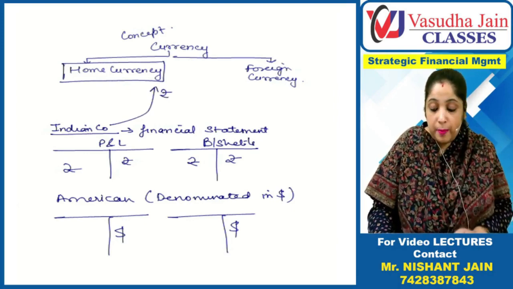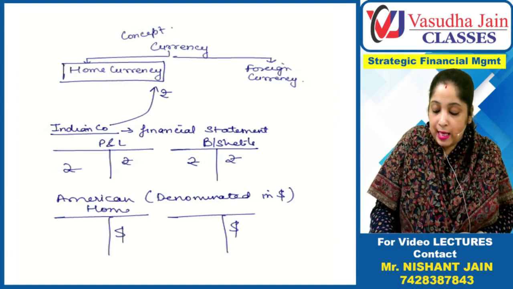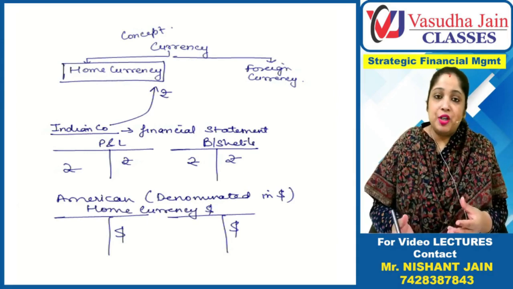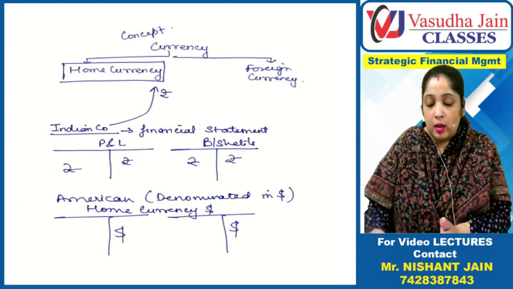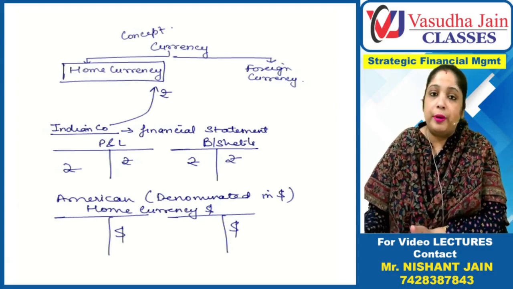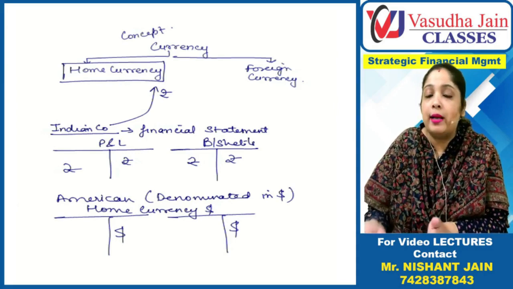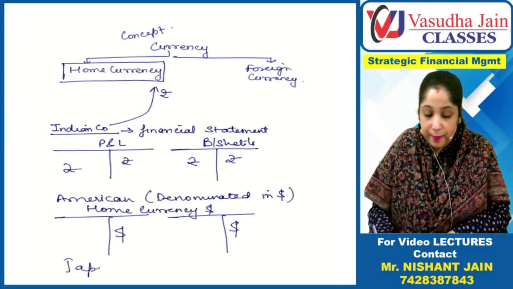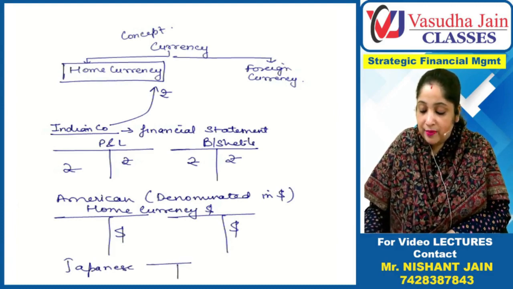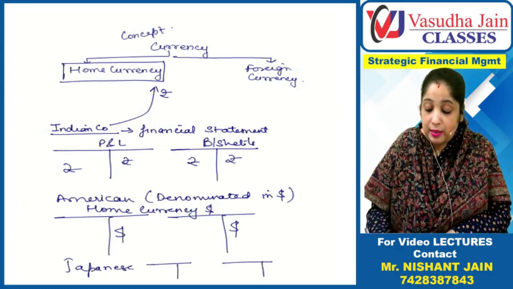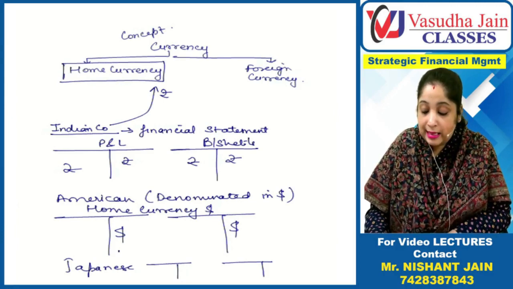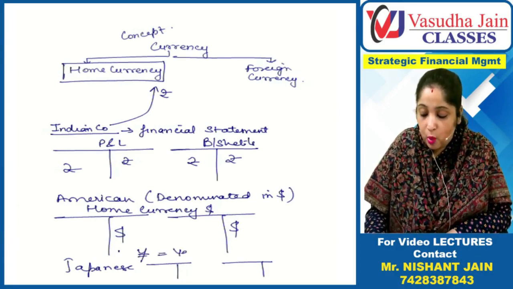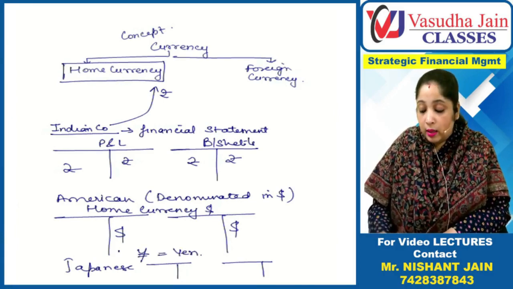For American company, the home currency is dollars. And suppose, let us say, there is a Japanese company. Japanese company's currency is yen. I will tell you all the currencies also. This is yen.